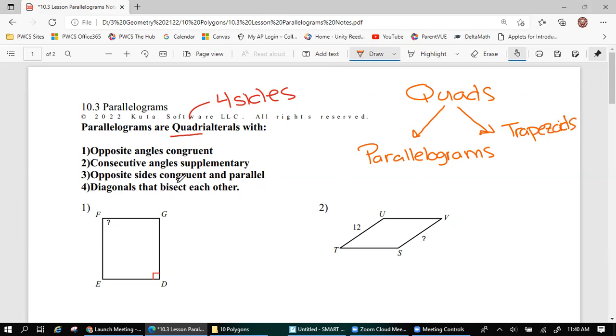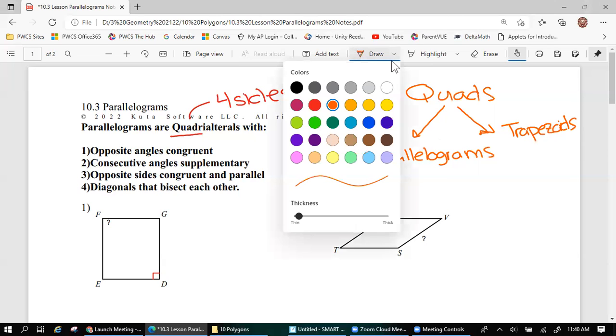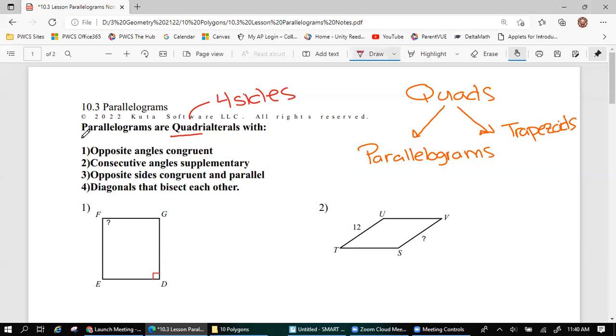And so we'll talk about both of these groups and then the different types of parallelograms and trapezoids that exist. But for today, we are going to start with parallelograms, specifically the group of 4-sided polygons that we would consider parallelograms. I'm going to give you some properties that exist in any parallelogram.